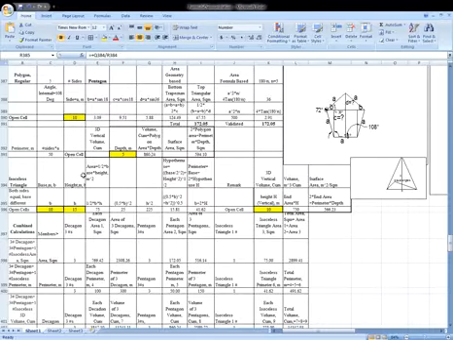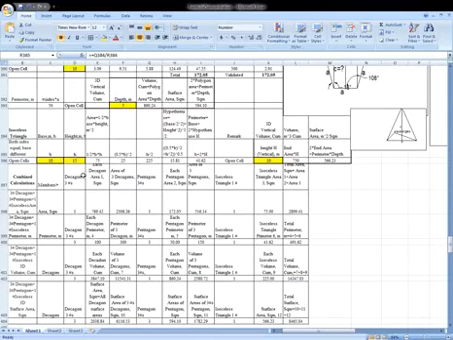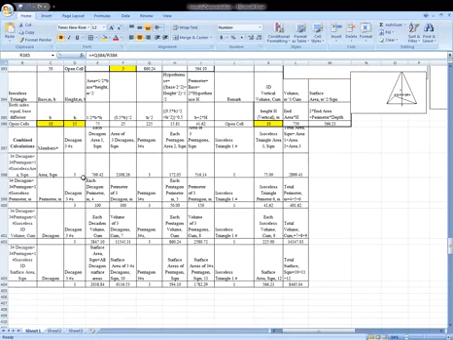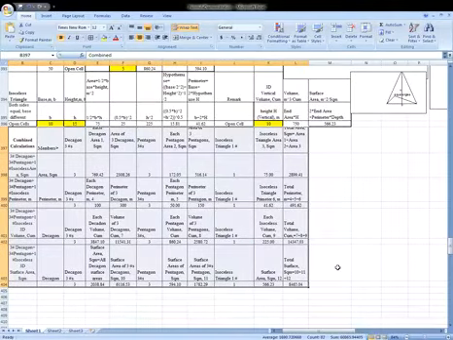Now, what do you do? Combine calculations. Attention is required on this table.